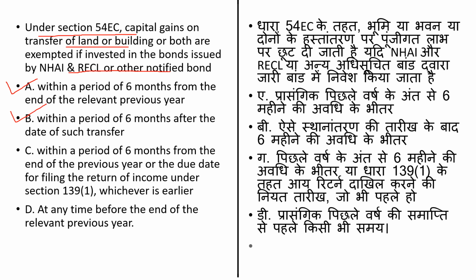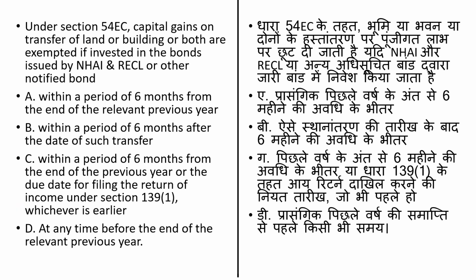Third, within the period of 6 months from the end of the previous year or the due date for filing return of income under section 139 clause 1, whichever is earlier. And the last option is at any time before the end of the relevant previous year. As per the explanation, the correct answer for this question will be option number B, that is within the period of 6 months after the date of such transfer.